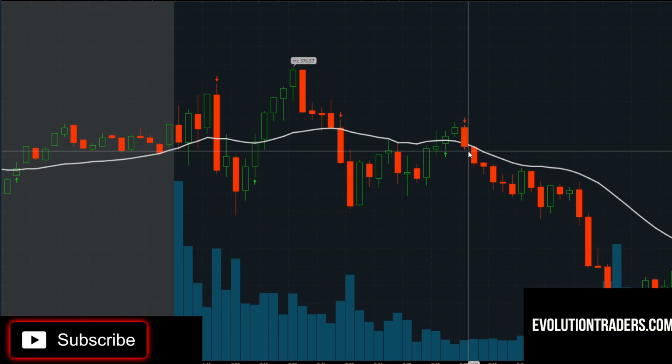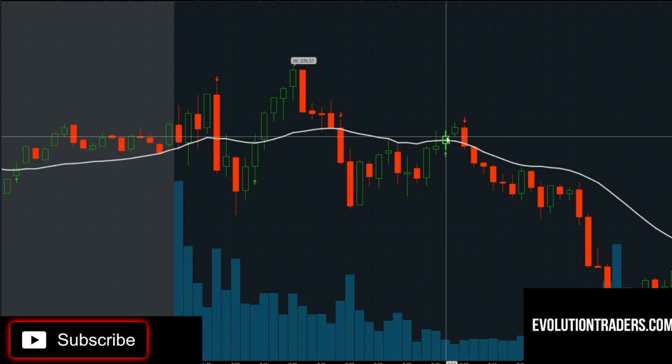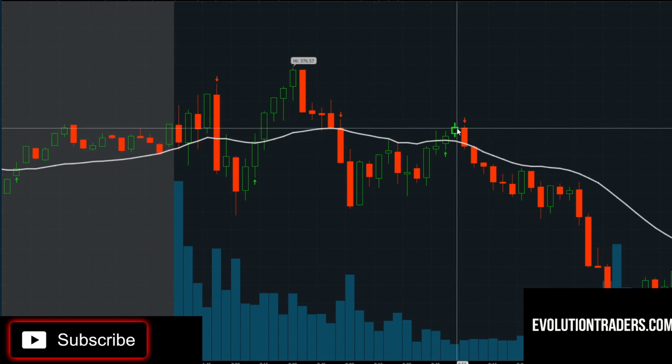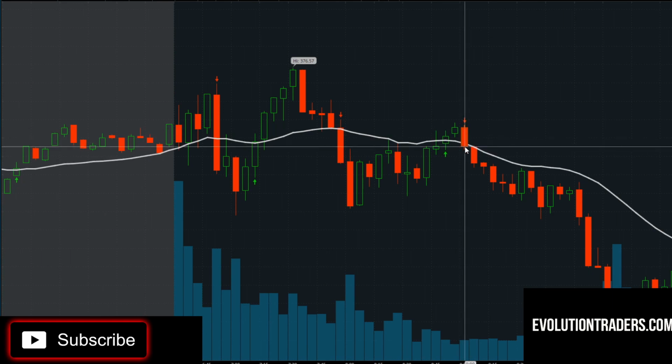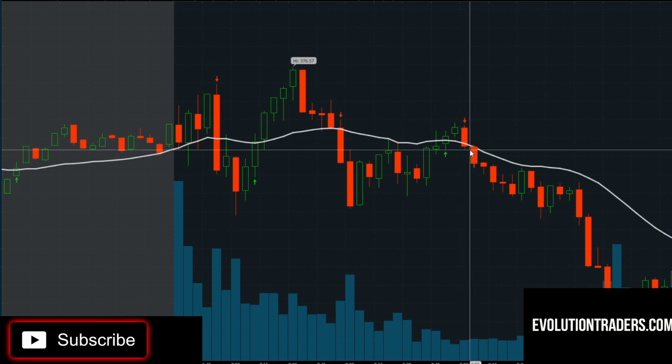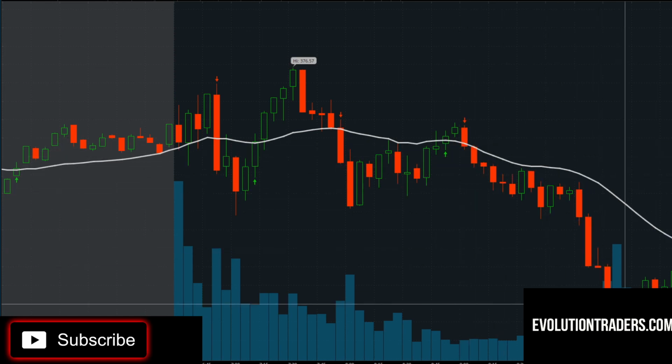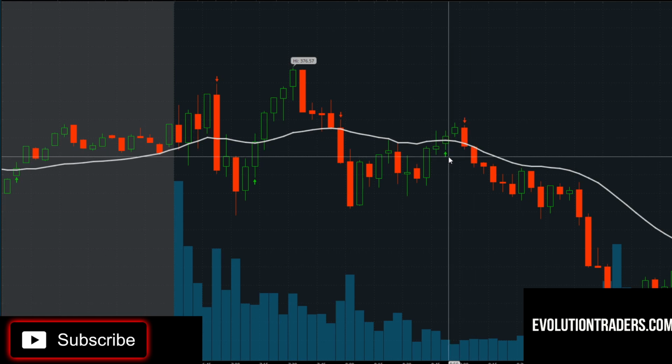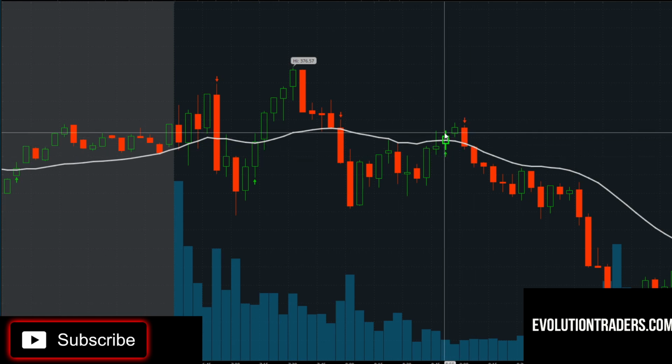Now, if you let FOMO and anxiety and your emotions get to you and you say, well, I got into the stock, it confirmed, it went over it, even though it dropped below, maybe it's coming back, and you continue to stay in this trade as it goes all the way down, now you're talking about a big loss. This is where you can ruin your account. You can blow up your account because you get set on thinking that you are right.